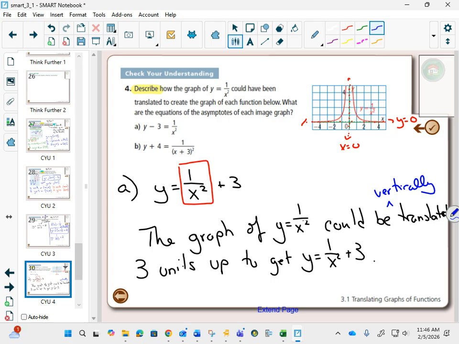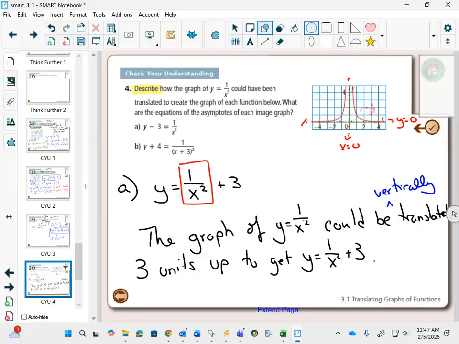Moving up and down is vertical, so I could say the graph of 1 over x squared could be vertically translated 3 units. But the fact that I said up explained that I knew it was vertical, so they wouldn't take off a half mark for clarity.